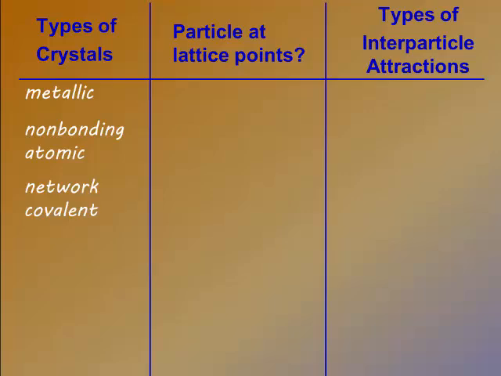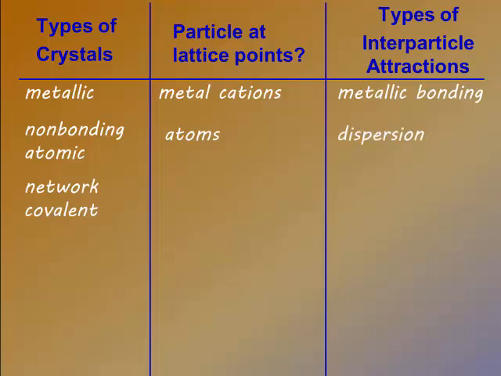What particles make up a metallic lattice? Metal cations. And the type of attraction in a metallic solid is called metallic bonding. What particles make up a non-bonding atomic solid? Individual atoms. What force of attraction exists between those atoms? Dispersion forces only.